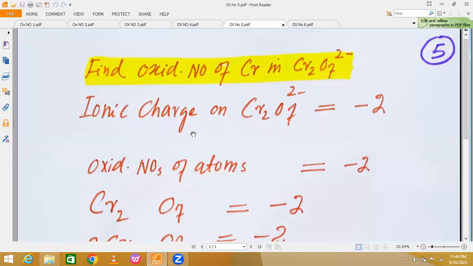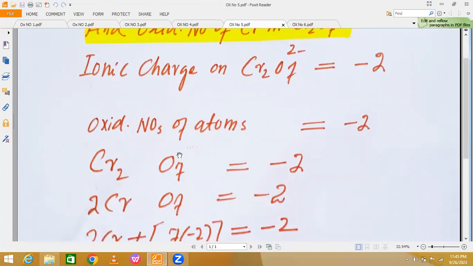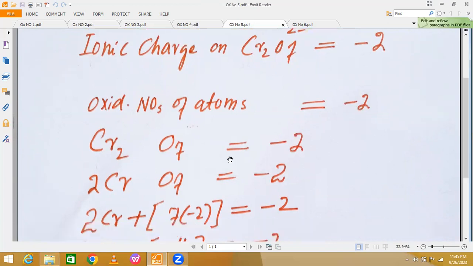Taking another example of the dichromate ion, Cr2O7 2-. Here we can see the ionic charge on the dichromate ion is 2-, and the oxidation numbers of atoms on the left side, and the oxidation number of the ion on the right side, that is -2.